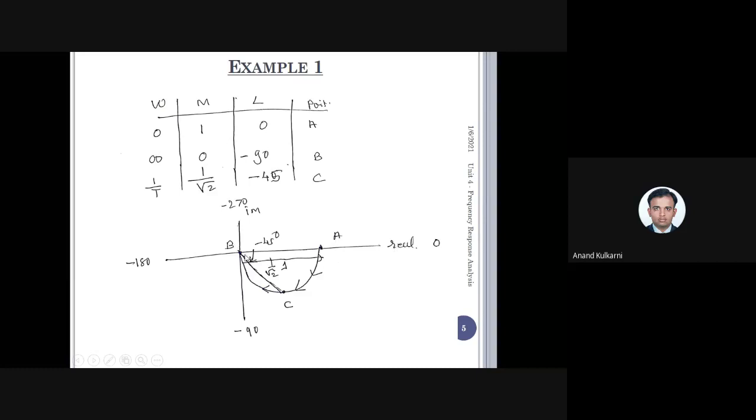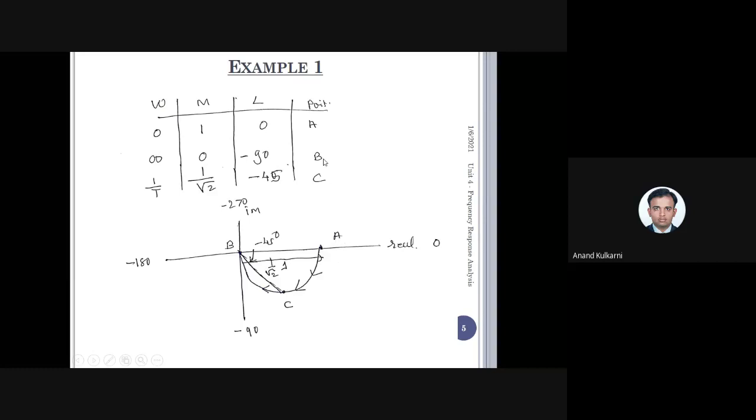So on this line you have to measure 1 unit from the origin O, which is written as B here because B point coincides with the origin. So from O you measure 1 unit distance, whatever the scale, and mark the point A. This is the starting point.